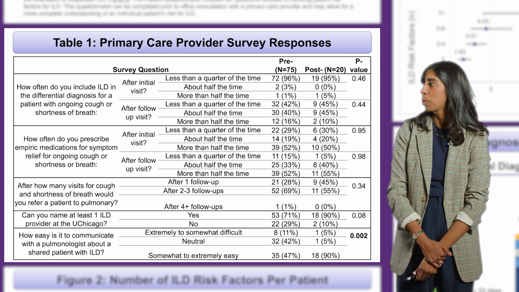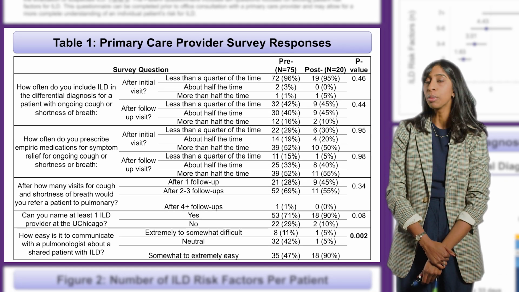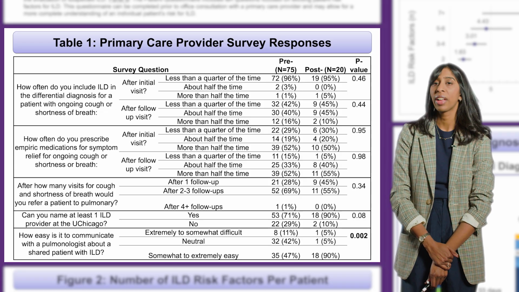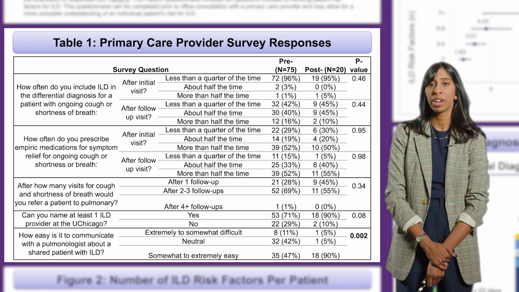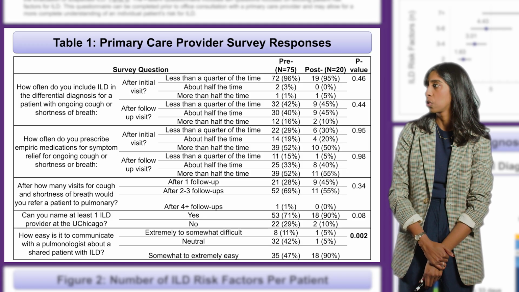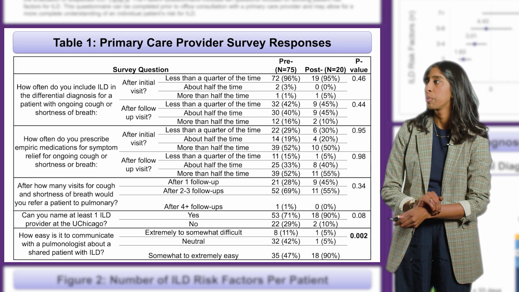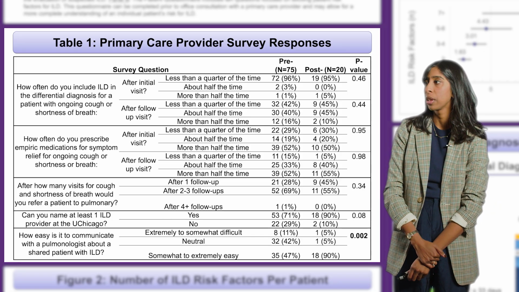In the study phase of our project, which was conducted between July of 2024 and December of 2024, we collected follow-up survey data from primary care physicians on their evaluation of suspected interstitial lung disease. I'll direct your attention to Table 1 here that shows our baseline and follow-up survey responses.